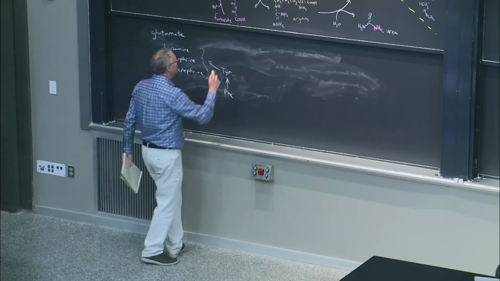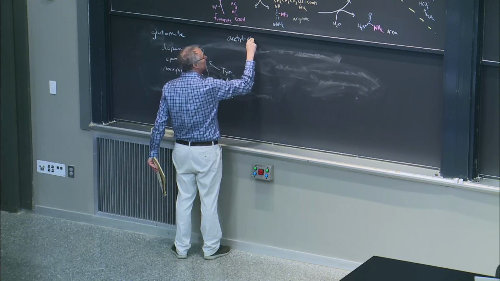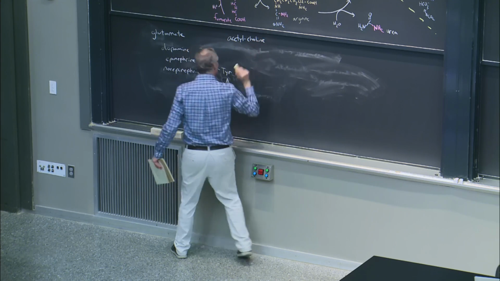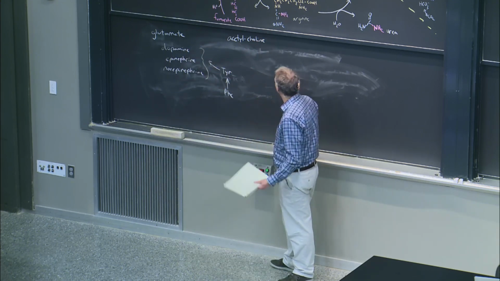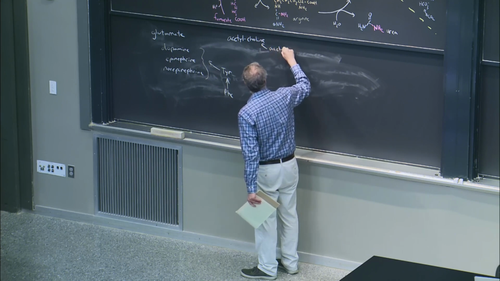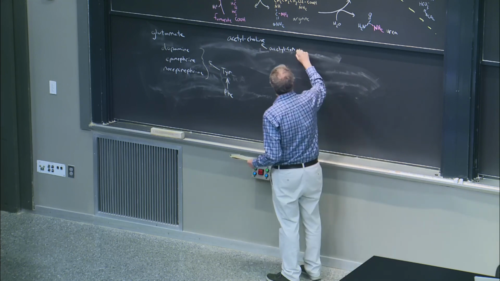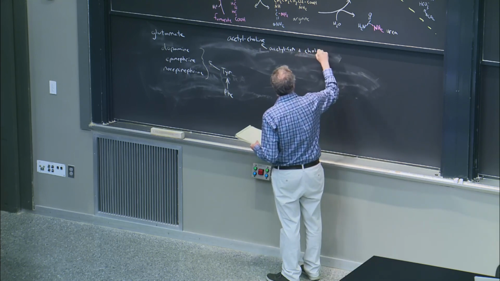What's the other big neurotransmitter? Well, it's acetylcholine. Okay. What's acetylcholine? Well, let's break it down. It's an acetyl group, so that comes from acetyl-CoA, and choline. And what's choline?